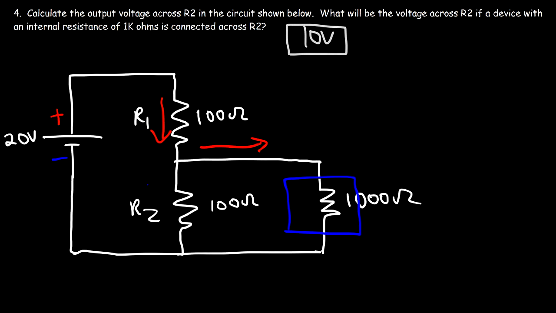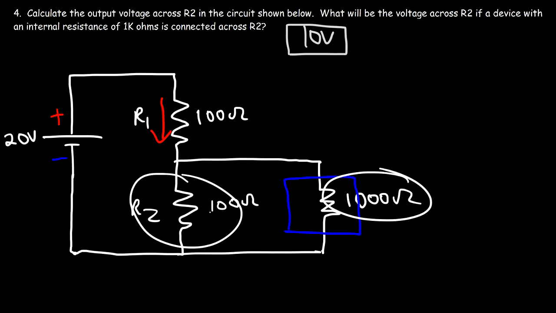And so less current will be flowing through R2 than before. And so if you decrease the current flowing through a resistor, the voltage across that resistor will decrease. Now, as this resistor increases in value, the voltage drop across R2 will be less significant. So if you decrease the resistor, then this voltage across R2 will drop to a much greater extent.